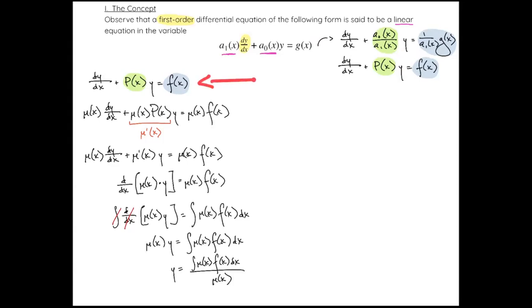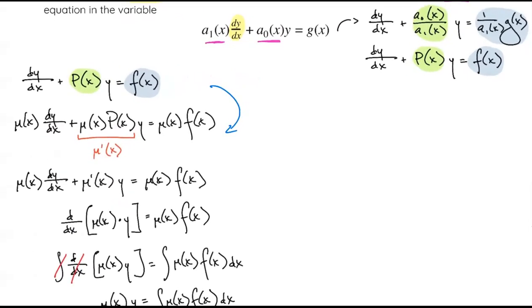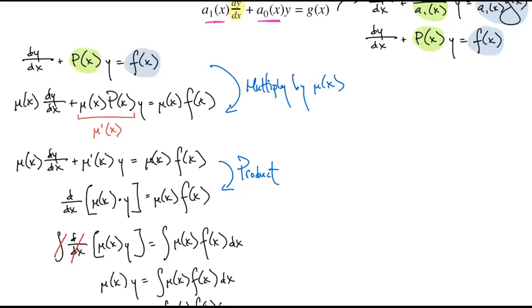And so to begin our story, we said, what if we had this magical function mu? And we multiplied through by mu. Okay, so multiply by mu of x. And then, because of the way we chose mu of x, we were able to use the product rule to rewrite that left-hand side.